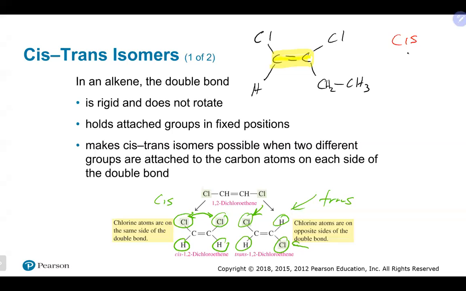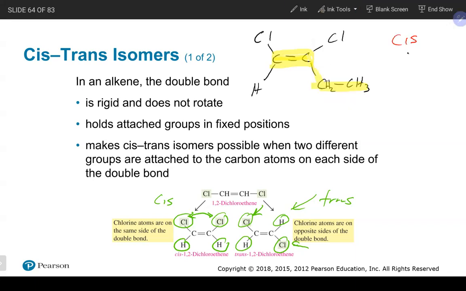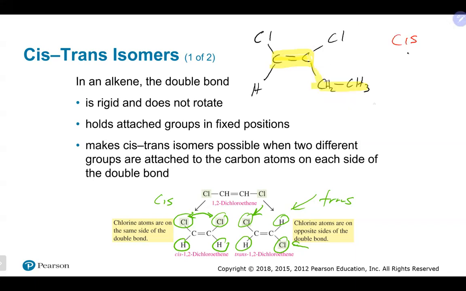It is 1, 2, then 3, and then 4. When people see them drawn as cis or trans, they focus so much on the double bond that everything they name is ethene, because there are always just 2 carbons in the middle. But you still need to look for the longest carbon chain, which in this case would be 4, I think, right? So this would be butene.